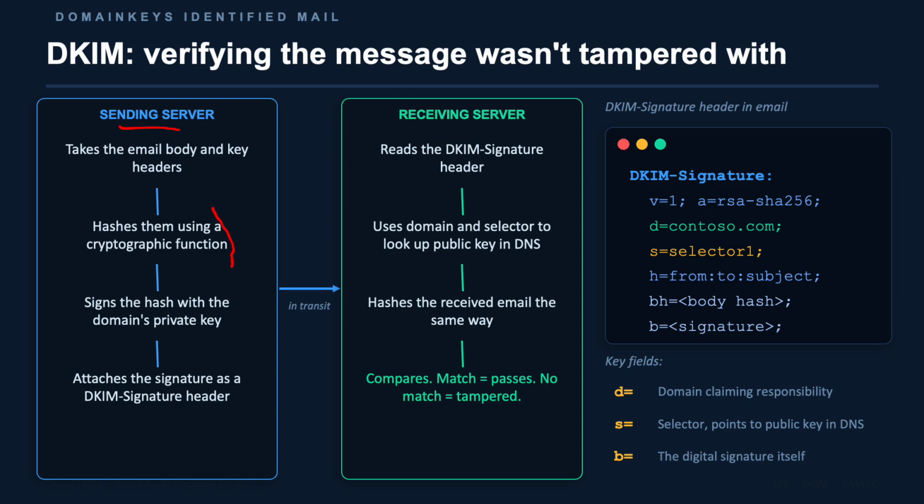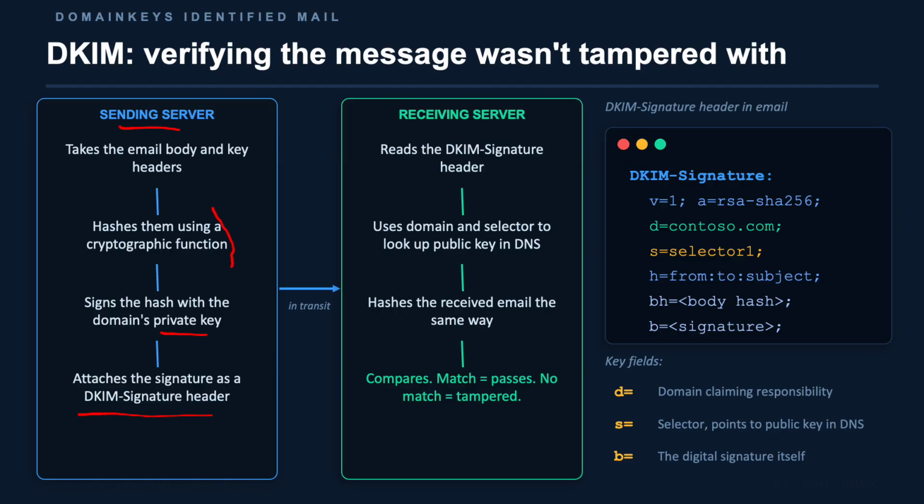A hash function turns any input into a fixed-length string of characters that acts like a fingerprint of the exact content. So if you change one character anywhere, the fingerprint comes out completely different. The server then encrypts that fingerprint with its private key, and the result is the DKIM signature, which gets attached to the email as a hidden header called DKIM-Signature.